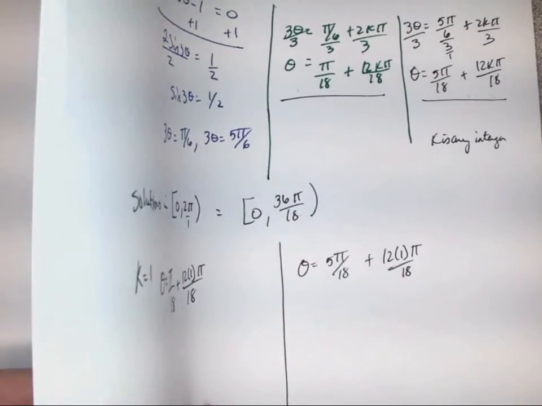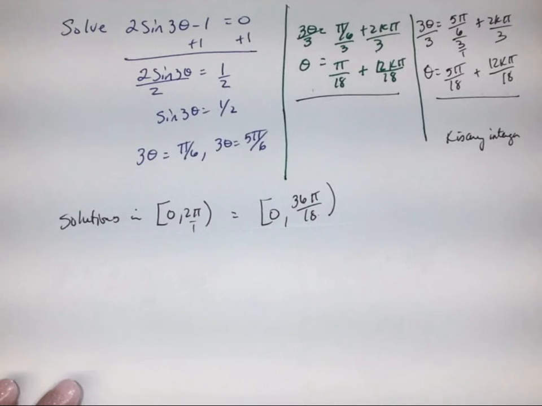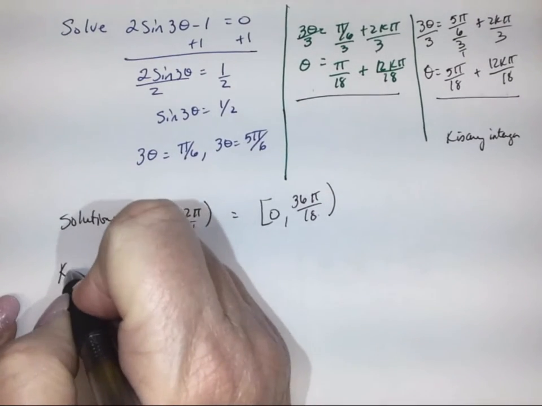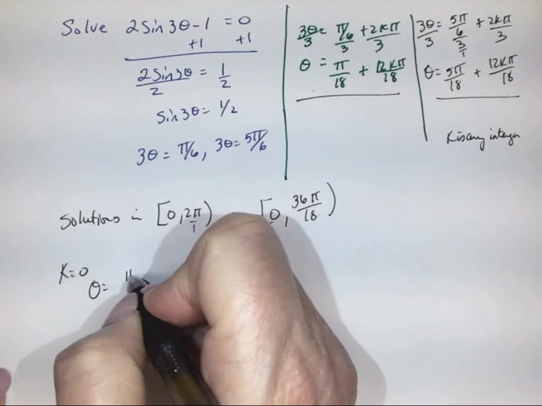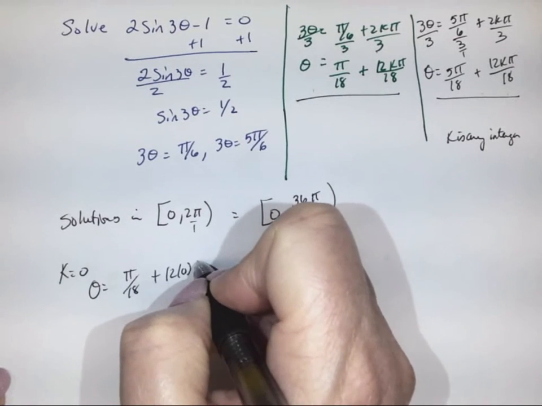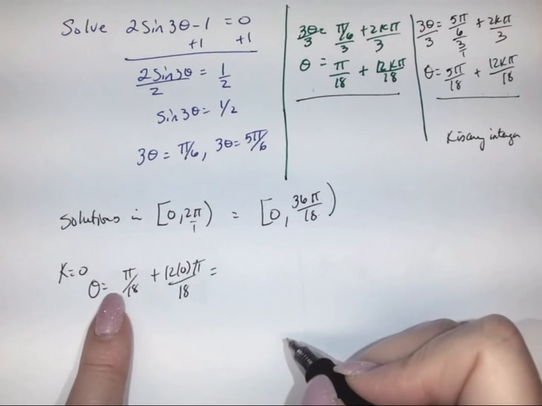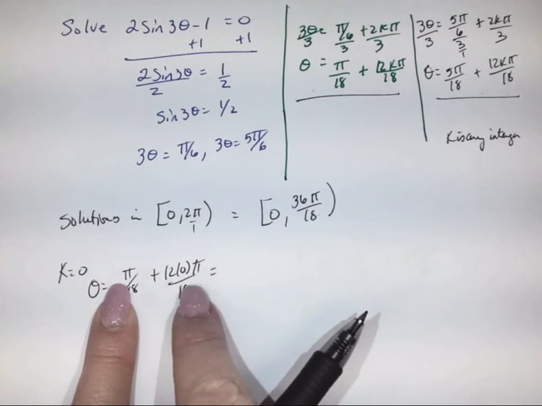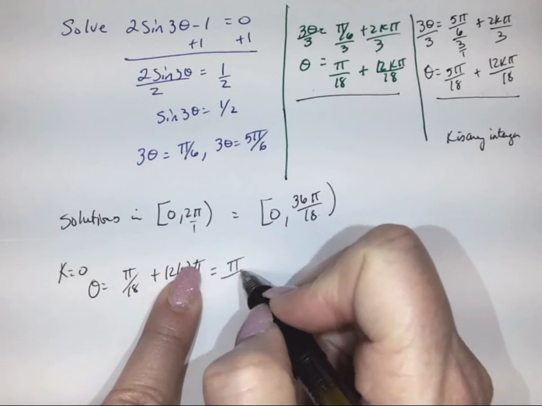All right, let's just slide in a new page here. We forgot to do the 0, so let's start with k is equal to 0. Same thing's going to happen. Theta is equal to pi over 18 plus 12 times 0 pi over 18. So this will become 0 divided by 18, which is just 0. So we'll end up with pi over 18.